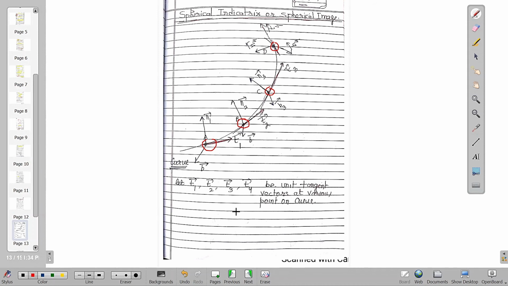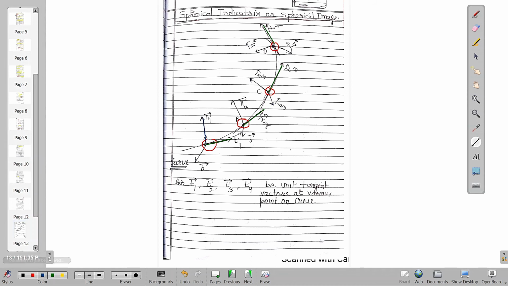Now taking the unit tangent vector at these points. This is the unit tangent vector of this line, of this form that is given, right? Again this is a unit tangent vector. See the direction, okay? Also we know that the perpendicular to it is a normal vector.